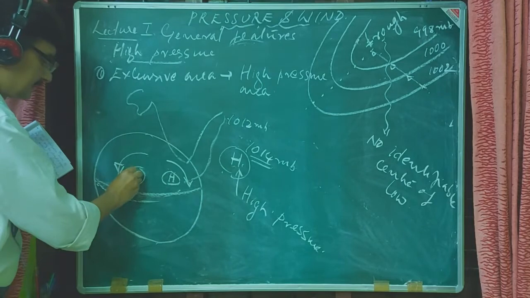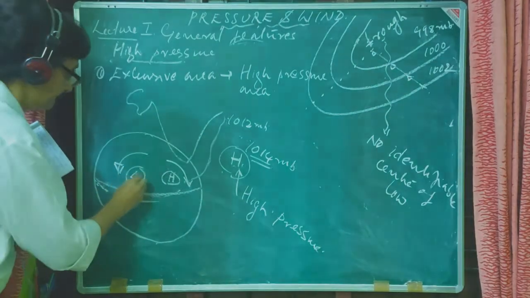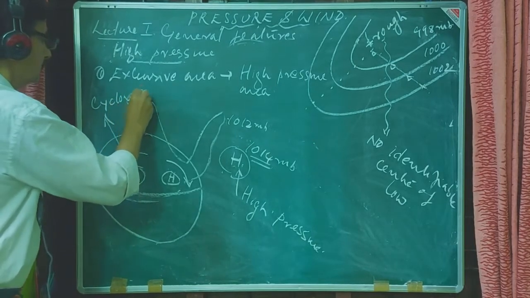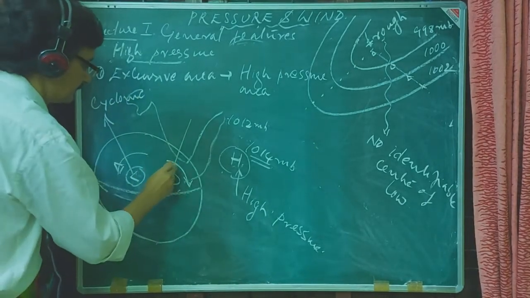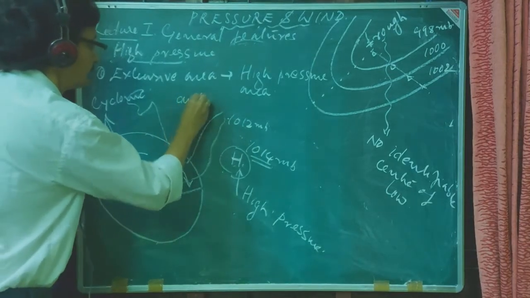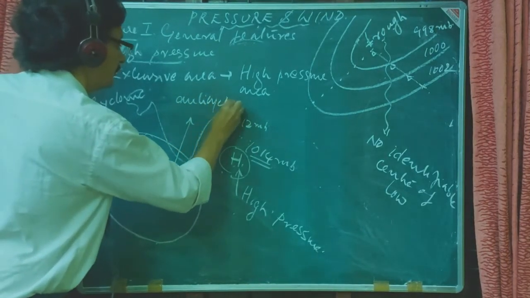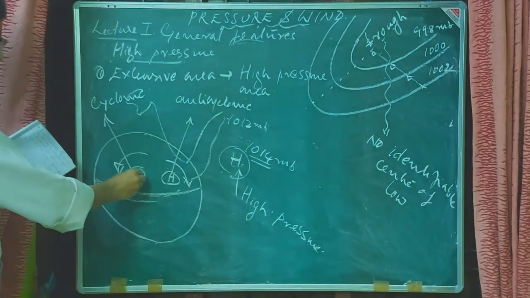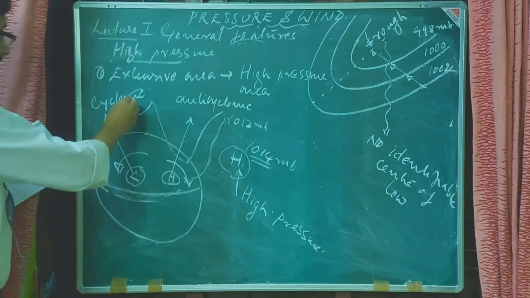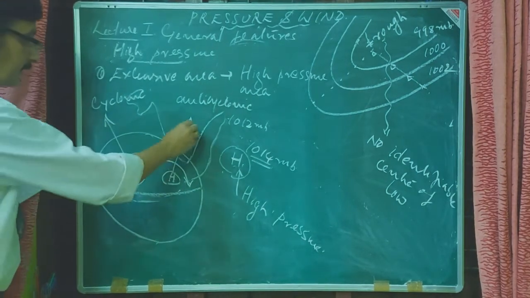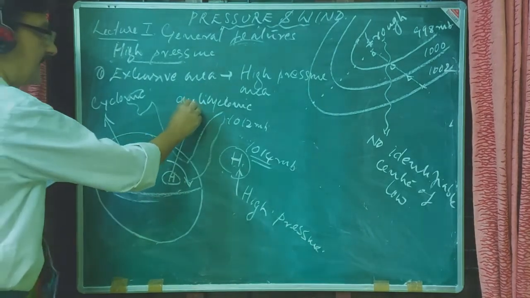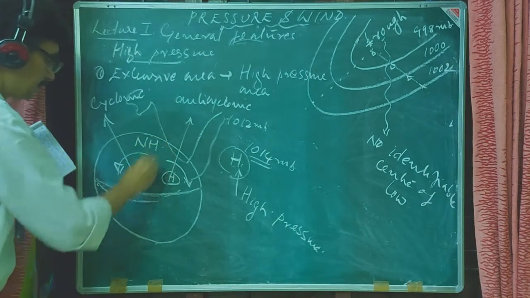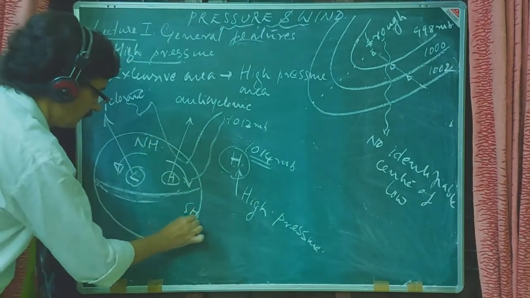Here it will be called cyclonic, and here the winds will be called anticyclonic. So low pressure is characterized by cyclonic circulation and high pressure by anticyclonic circulation in the northern hemisphere. But in the southern hemisphere, the opposite is true.